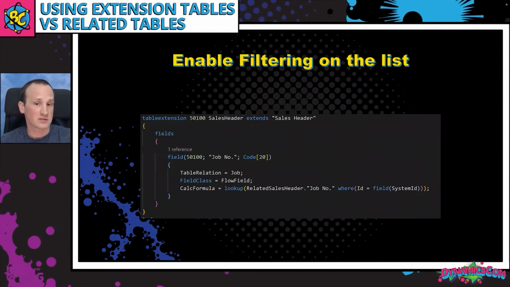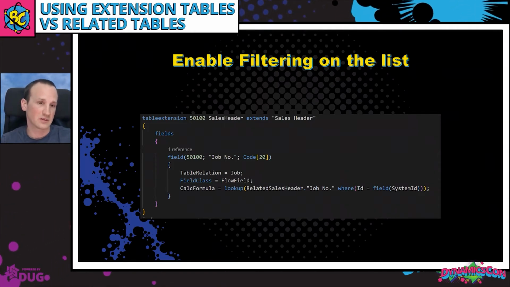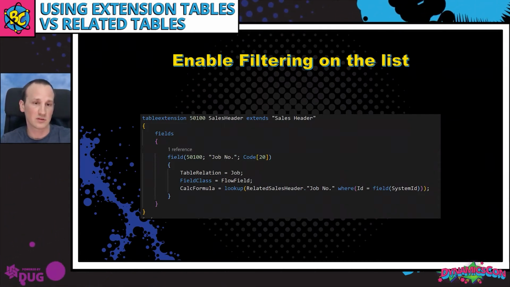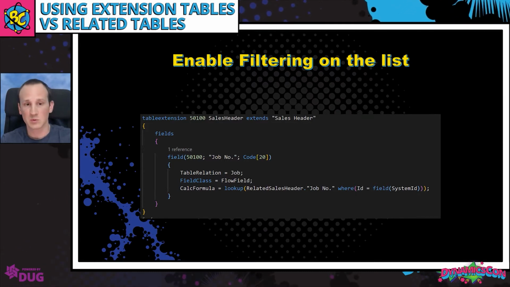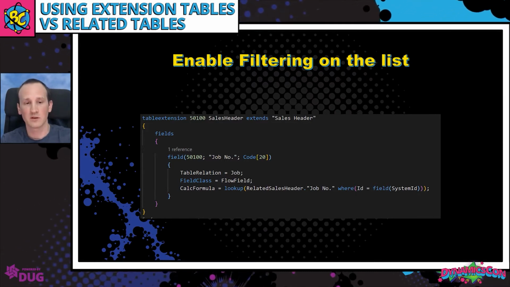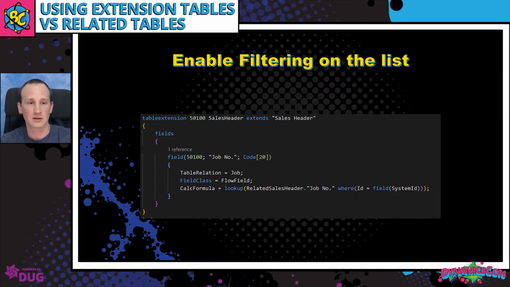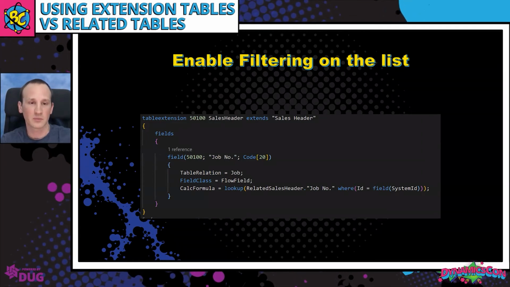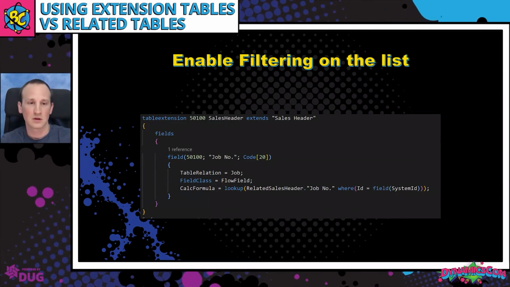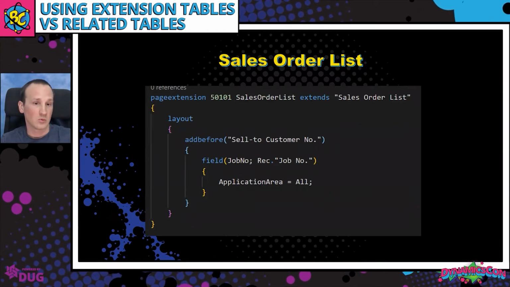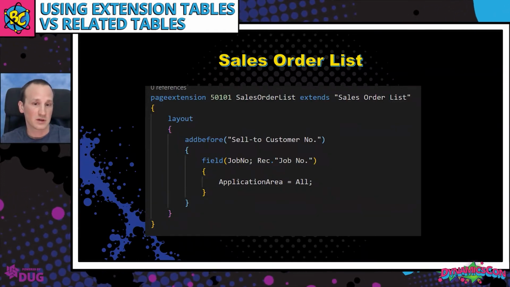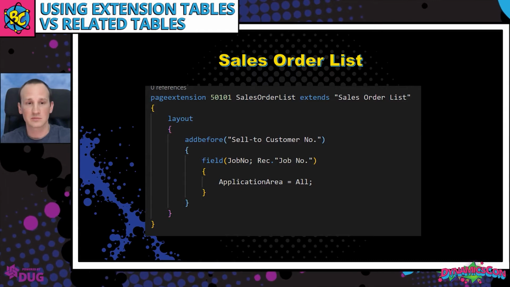And of course, filtering does not work out of the box as the field is not directly accessible on the list. And for that purpose, we may use a flow field in order to enable the functionality of filtering on a page list. We can also then show it on the list as we did for table extension, basically.